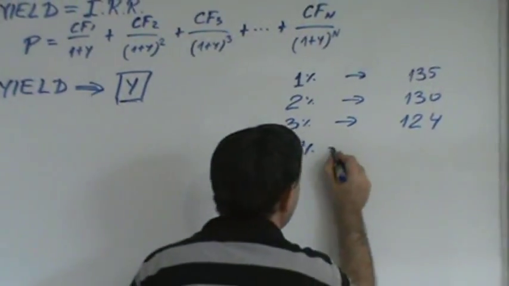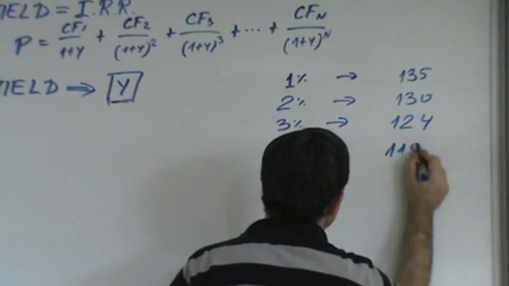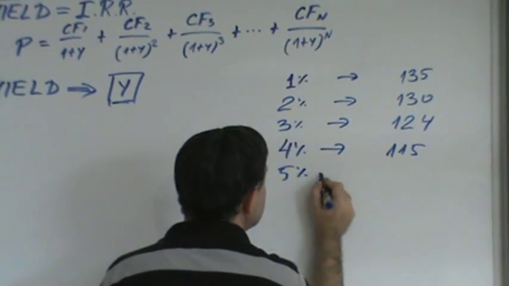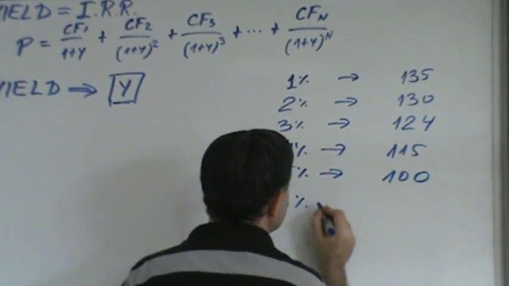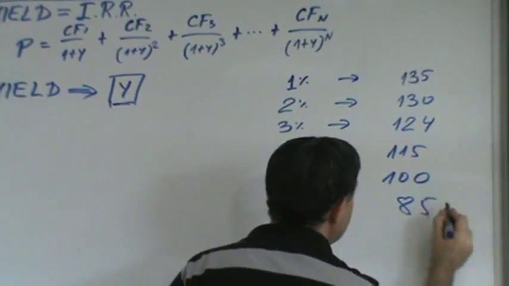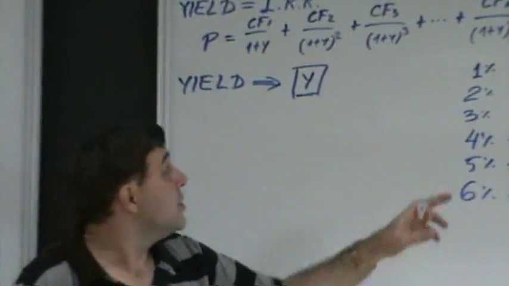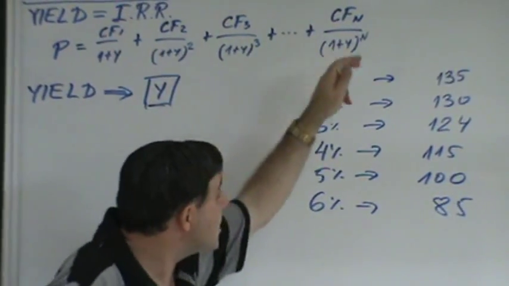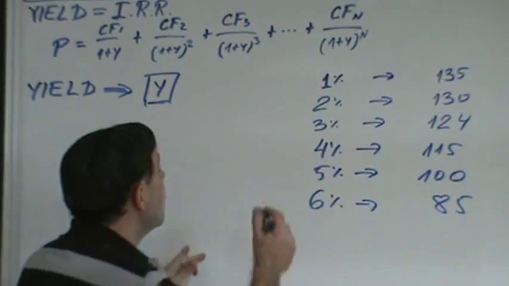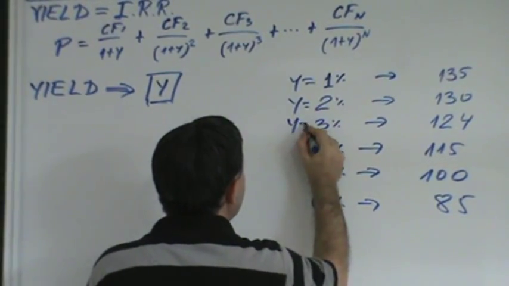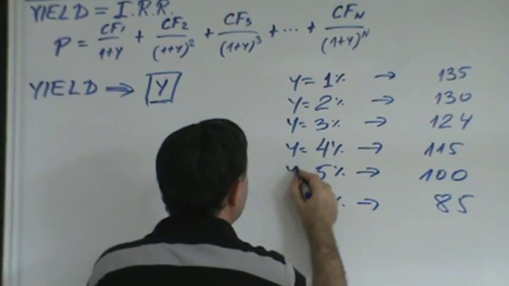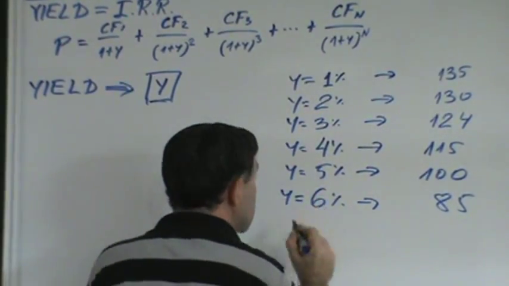You're going to get 115. For 5%, you're going to get 100. For 6%, you're going to get 85. And you simply calculate. You already know the cash flow. You just use Y equal to 1, Y equal to 2, Y equal to 3, Y equal to 4, Y equal to 5, equal to 6.